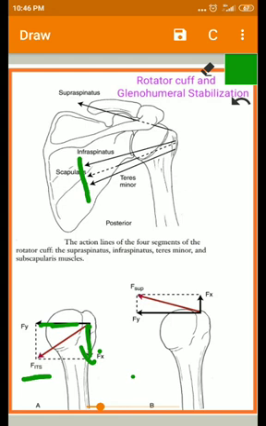So all the three Fx's, that is the inferior translatory pull of all these three muscles, will balance the force which is created by the translatory force of the deltoid.